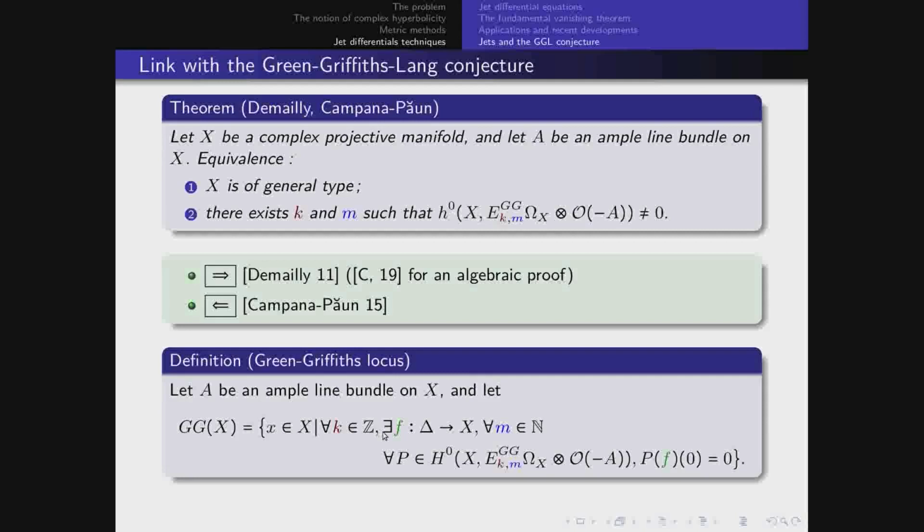Okay, and now if you recall the fundamental vanishing theorem, it implies that all the entire curves you can draw on X will fall inside this locus, which is algebraic and also independent of A.